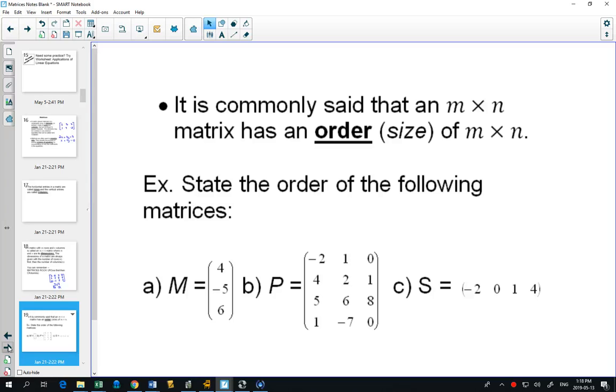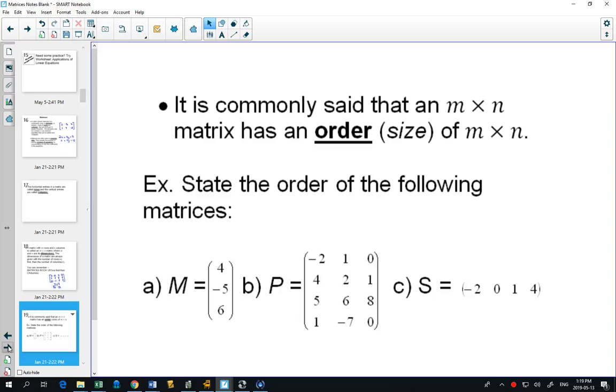So the word that we sometimes use for the dimensions is order. It also means size, and then we state our dimensions for that. And it doesn't mean we multiply m times n, we just leave it as 3 times 2 or 5 times 1 or however much we have.